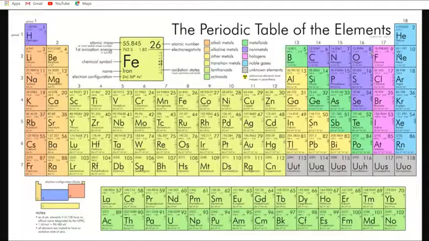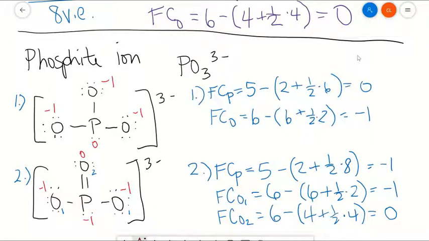So it's increasing as we go up this direction. So if you have oxygen here and phosphorus here, then that means oxygen is more electronegative and it can handle more of a negative charge. So we don't want to choose the one that puts a negative charge on phosphorus. We'd rather have a negative charge on oxygen. So we are going to choose this one.